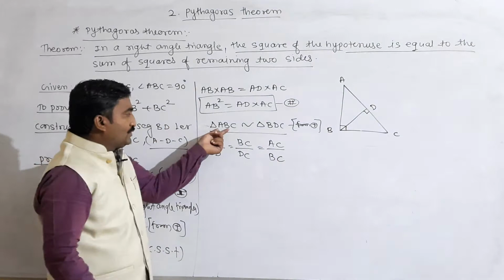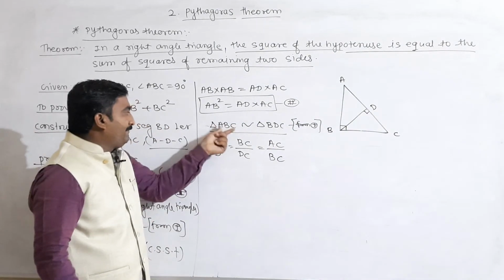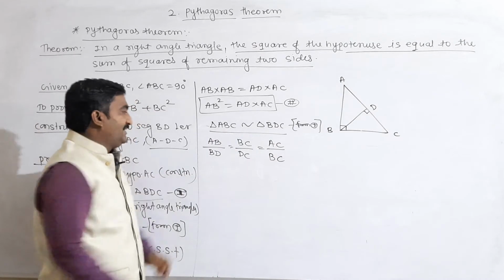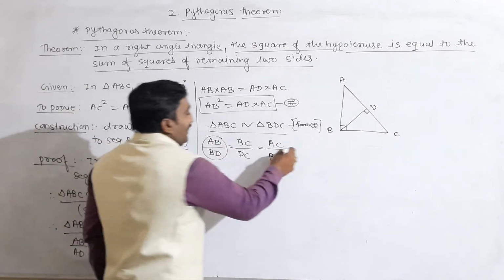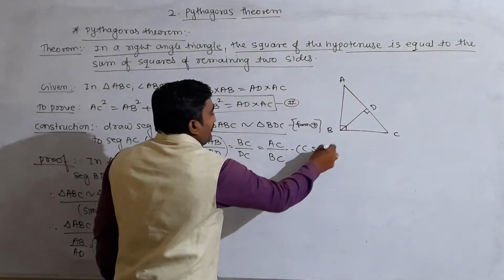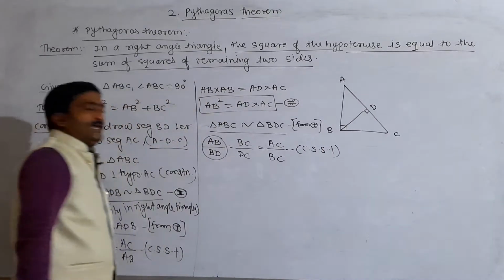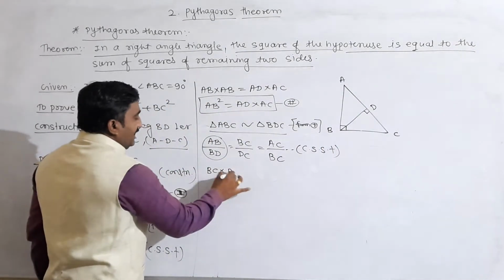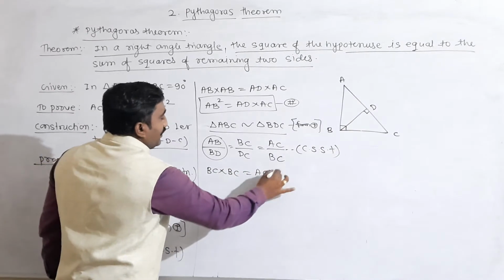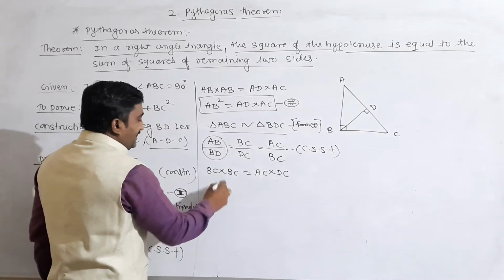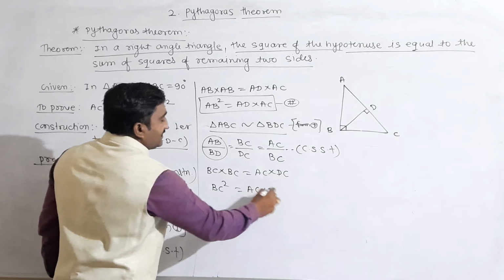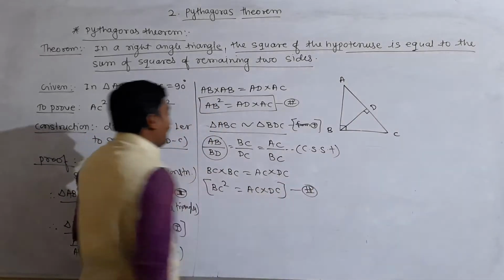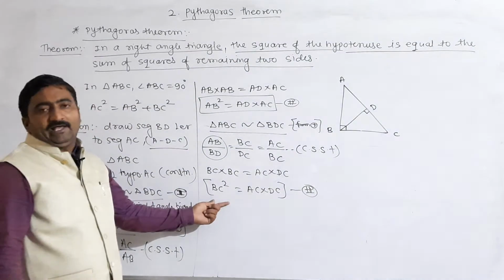Here the first two letters: AB divided by BD, BC divided by DC, AC divided by BC. Corresponding sides of similar triangles. By cross multiplication, BC into BC is equal to AC into DC. So BC square is equal to AC into DC. This is called equation third.